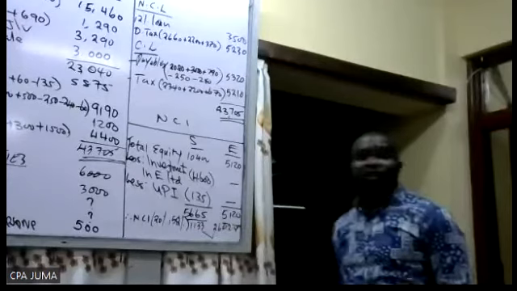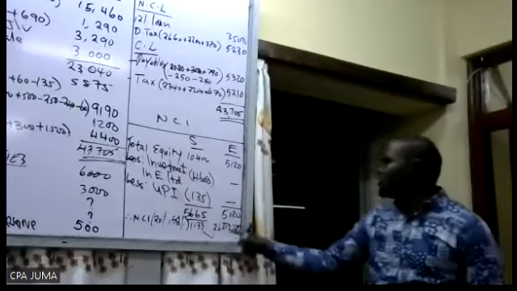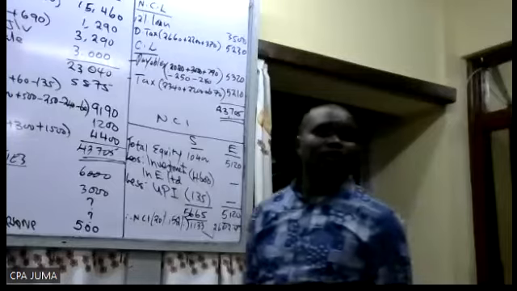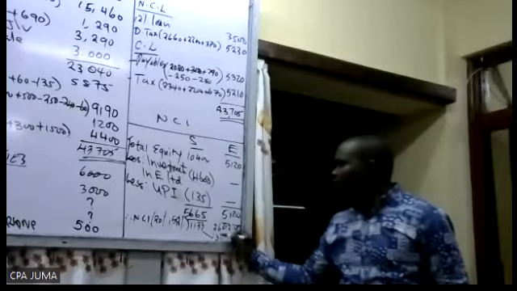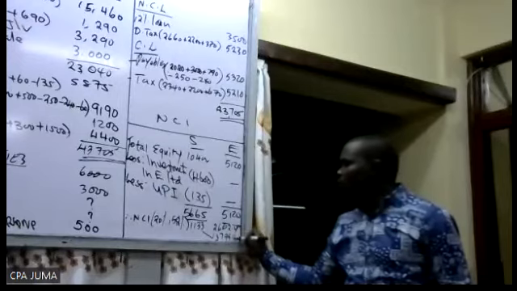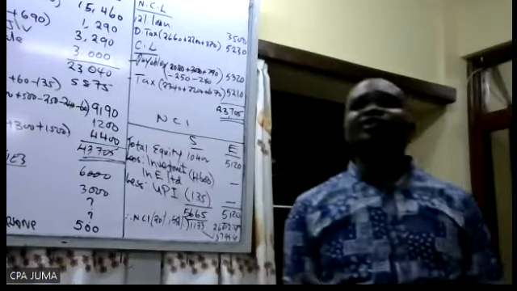Can you combine for me the total NCI? This plus this? 2195.8. Balance sheet. Give me the retained earnings as the balancing figure.